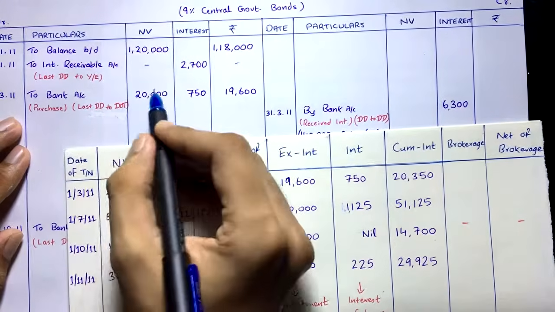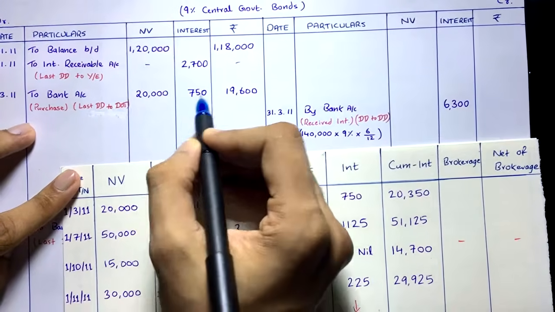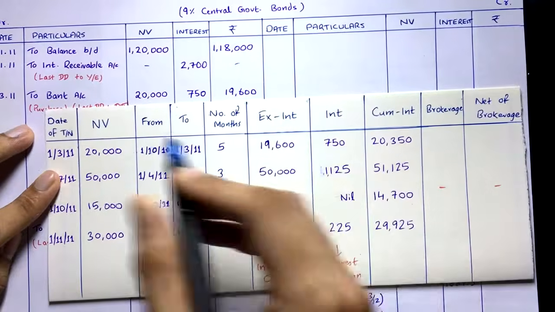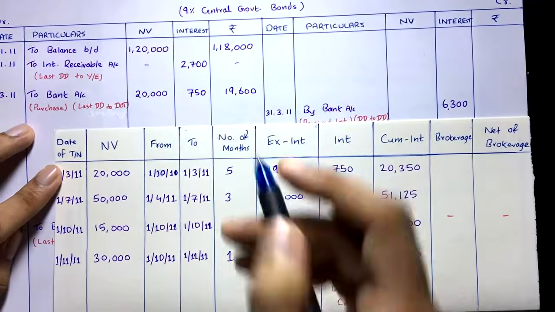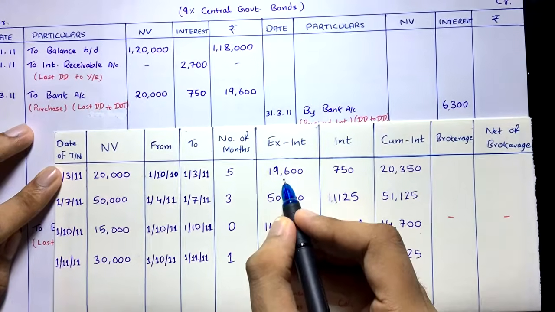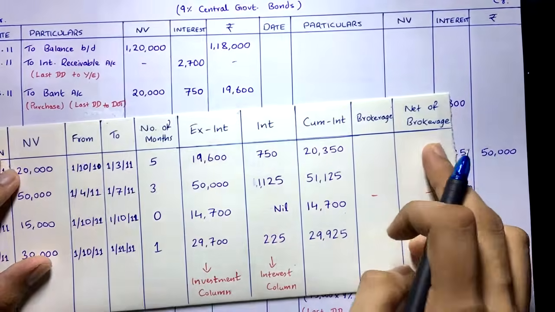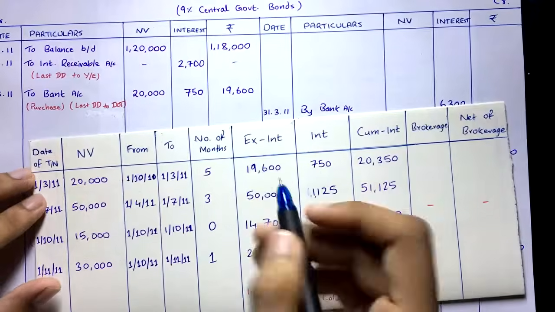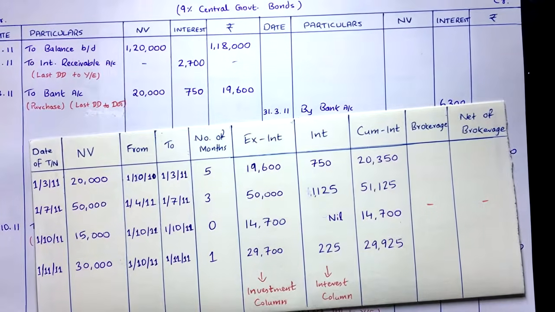You take the nominal value, 20,000, and in the interest column the interest you paid, 750. In the investment column only the ex-interest price. If there had been any brokerage we would have taken the adjusted price, but here there is no brokerage and no taxes, so directly we take 19,600. Simple, this is the entry.